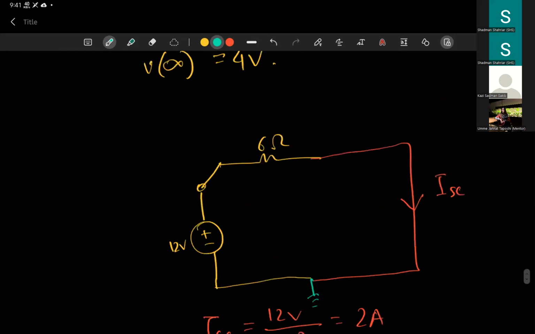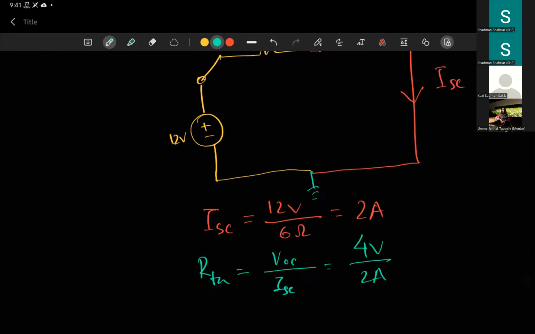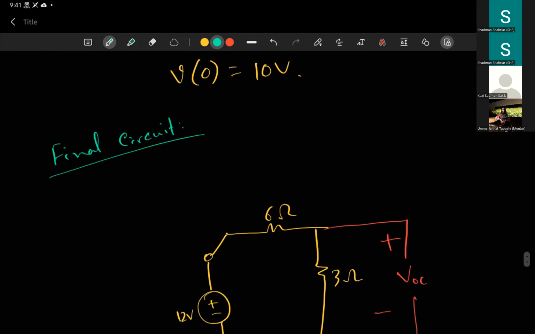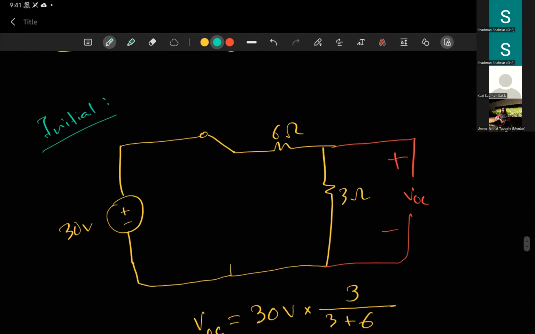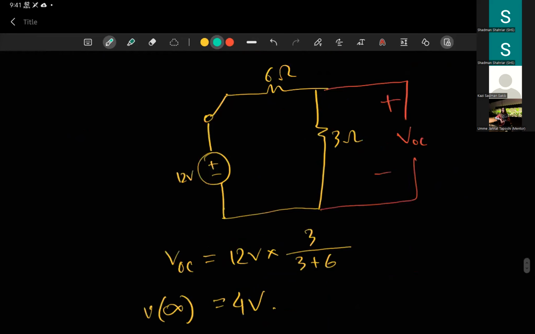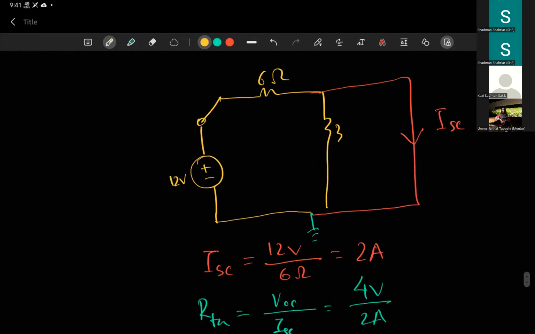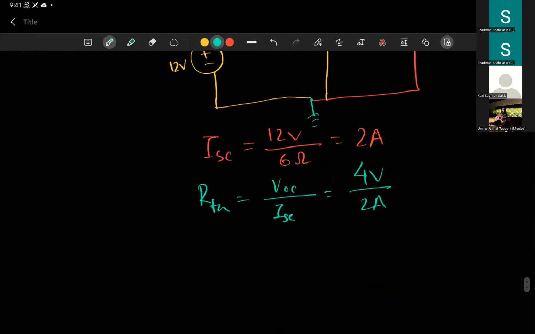So the value of RThevenin is 2 ohms, 4 divided by 2. That means the value of tau is RThevenin times C. RThevenin is 2 ohms, and our capacitor was 2 farads, if I remember correctly. Yes, this was 2 farads. Tau is called the time constant.